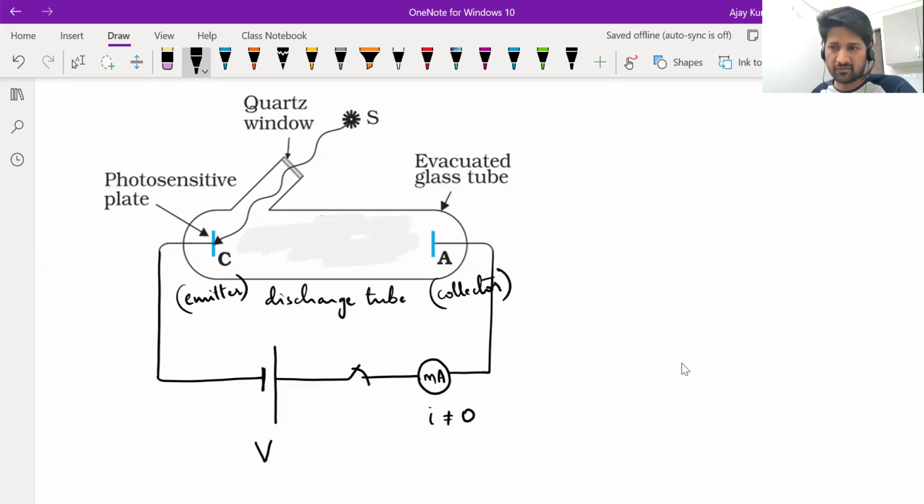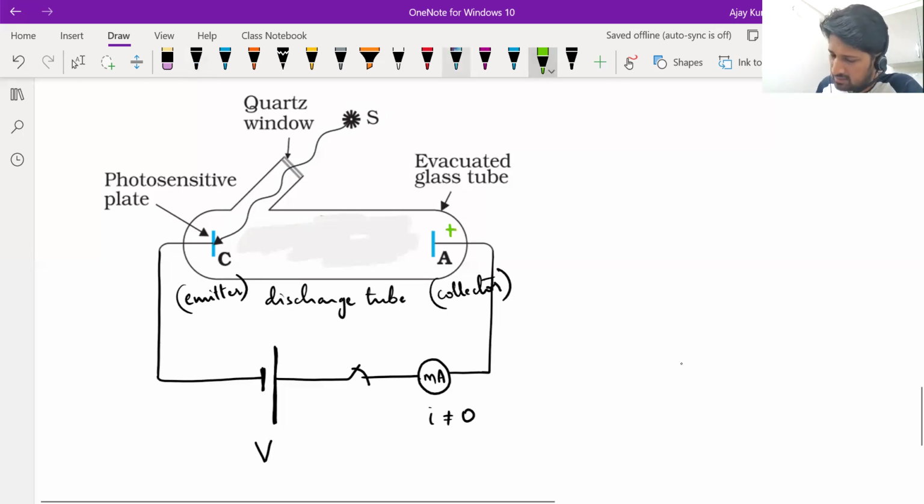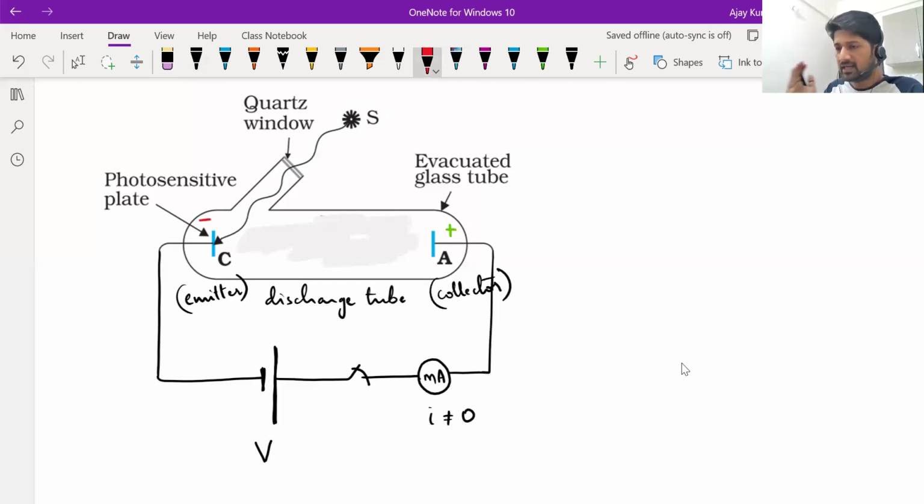Now, how do we explain that? We have created a potential difference, that's fine. You can see that the positive terminal of the battery is connected to A, negative is connected to C. If positive is connected to A and negative is connected to C, then there will be an electric field from A to C. If electric field is from A to C, electrons will experience a force from C to A.